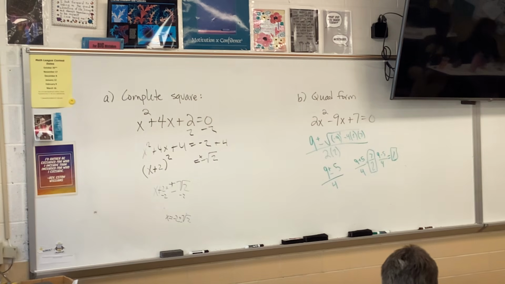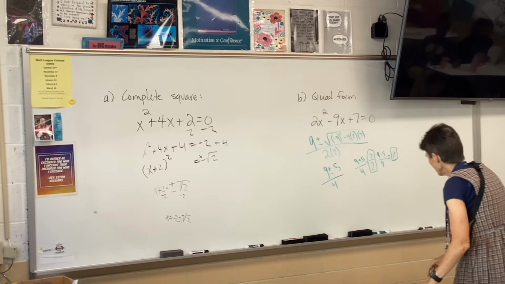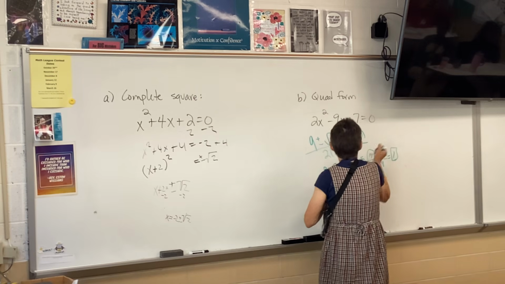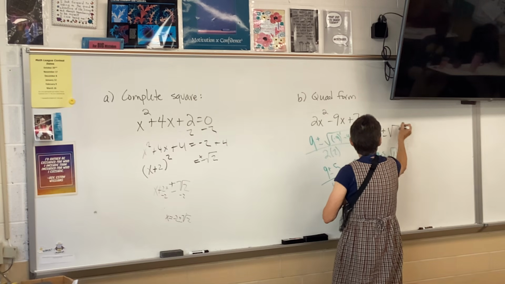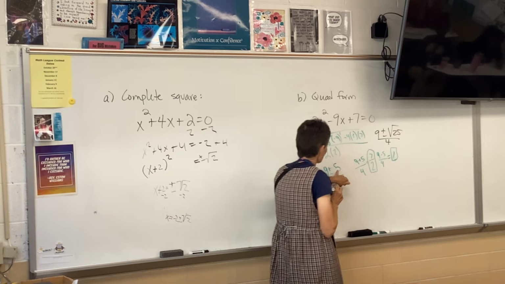All right, friends, I think we got two right answers up here. I think we're all good. It's totally fine. Underneath this radical right here, they got 25. So that's where this 5 came from.